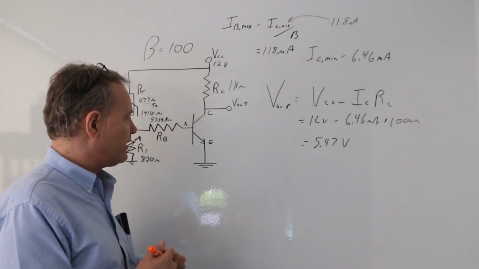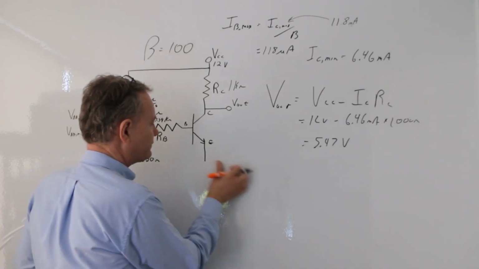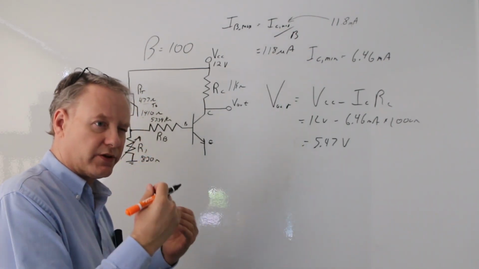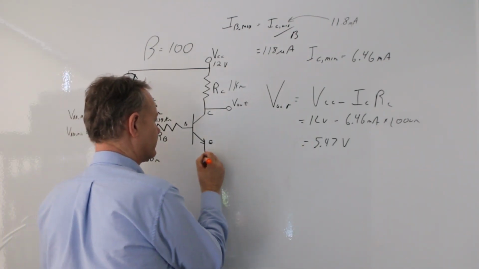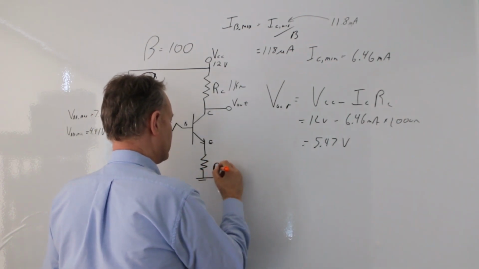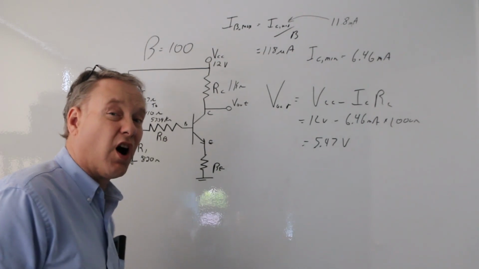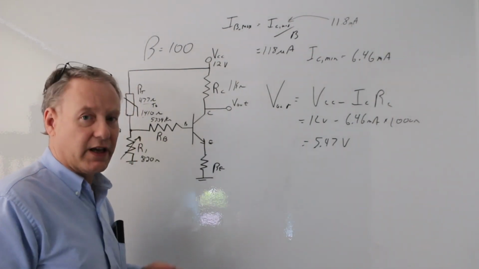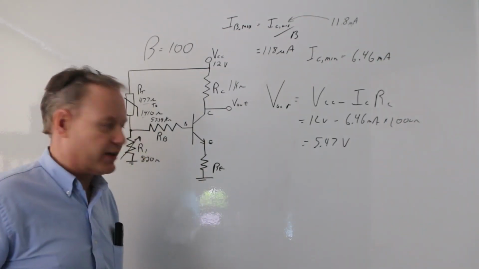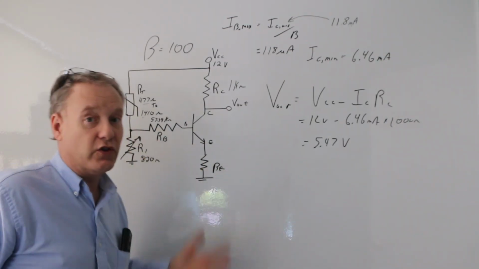But what I could do here, if I needed it to go from, say, 2 to some other number as opposed to from 0, is throw an RE in there. Now that's a whole other thing. I just leave you with that and challenge you to recalculate all of this to give yourself an offset of 2 volts.